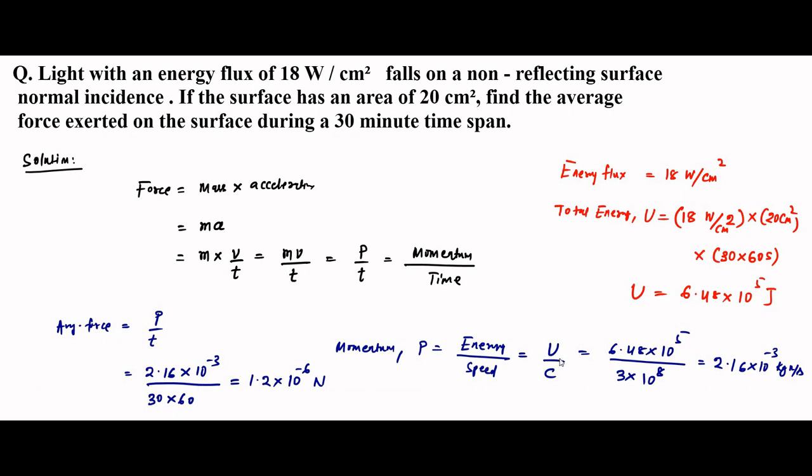Momentum is equal to energy by speed of the wave. From here we calculated the momentum, and then we went back to the initial formula to determine the force, which is equal to momentum by time, and here we got the result, all based on properties of electromagnetic waves.